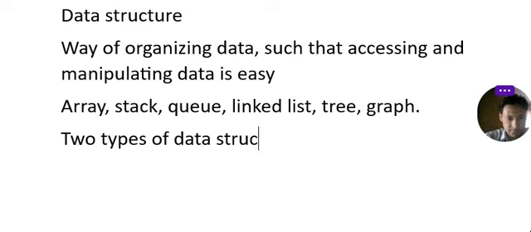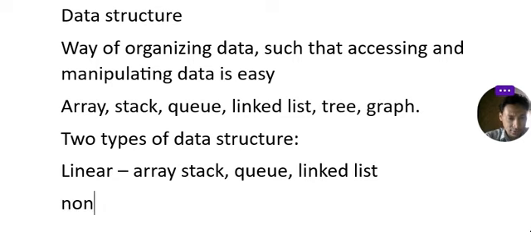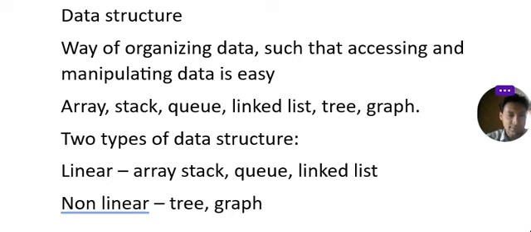Linear data structure: in linear, array, stack, queue, linked list, and another is non-linear. Tree, graph are examples of non-linear data structures.